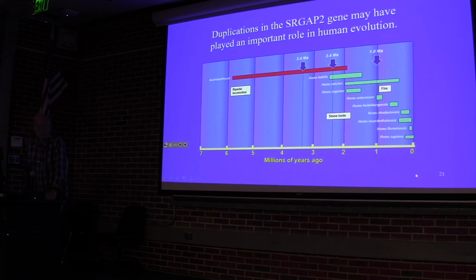It has duplicated 3 times in the human lineage, not so in chimps. The first was about 3.4 million years ago, then 2.4, and then about 1 million years ago. And you'll see there are some rough correlations with the emergence of distinct hominid forms.